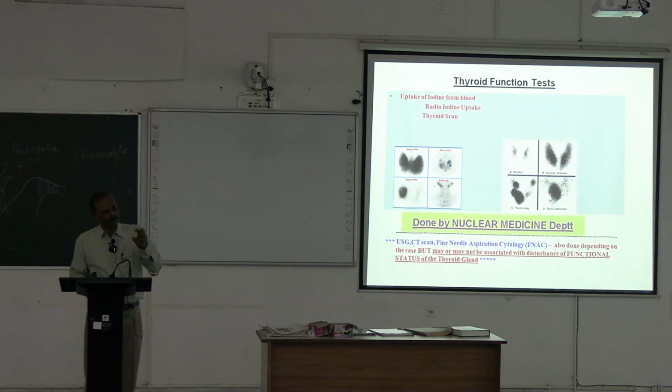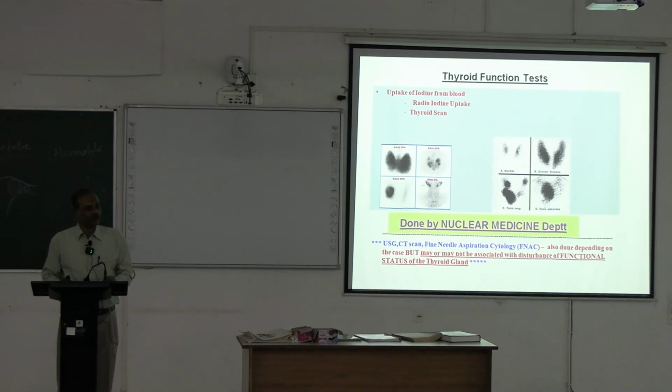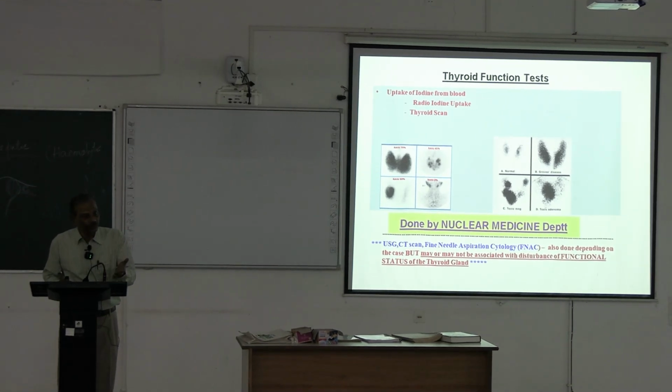Now even if somebody is having a tumor on the thyroid gland, but it produces normal amounts of T3, T4, FT3, FT4, there is no functional disturbance. The patient might be having a tumor, might be having a cyst also, but there is no functional deficiency. But that cyst or tumor has to be removed.